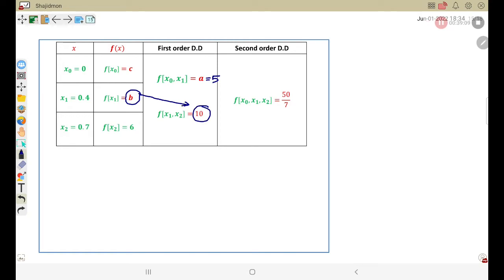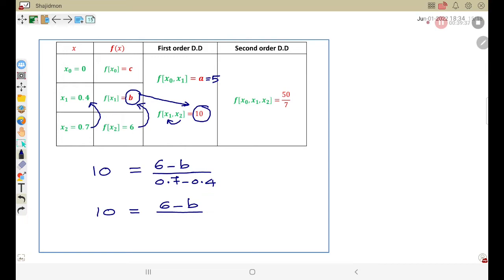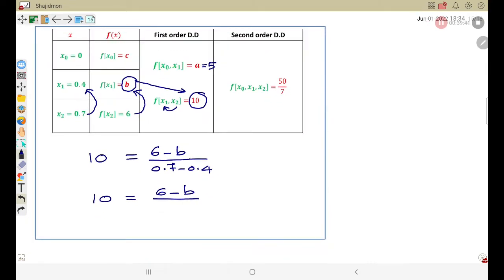That means 10 equals, how are we getting that 10? 10 equals this number minus this number, correct? (6 minus b) divided by (x2 minus x1). x2 minus x1 means this number minus this number, 0.7 minus 0.4. I hope you are clear. Now simplify. 10 equals (6 minus b) divided by (0.7 minus 0.4), meaning 0.3.